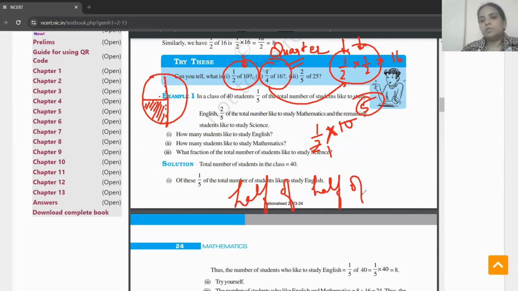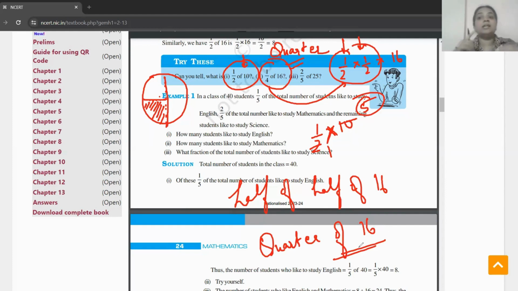Quarter of 16. Understood or not? Quarter of 16 means cutting it into half twice. So 16 ka half is 8, 8 ka half is 4.